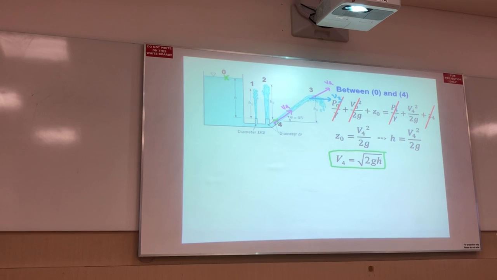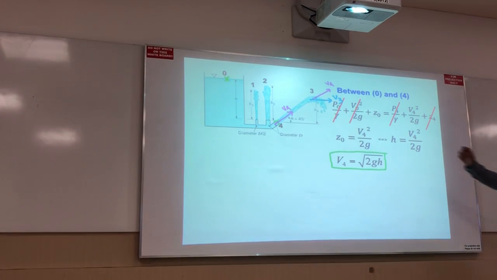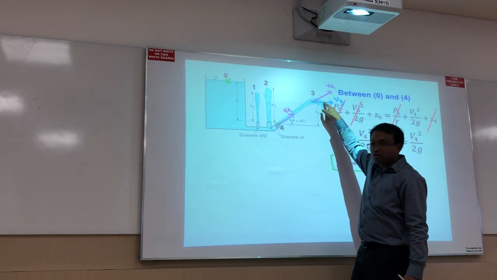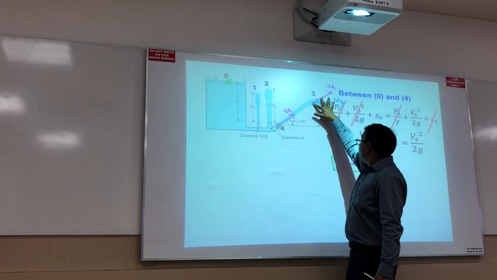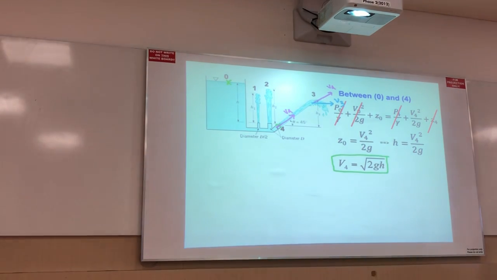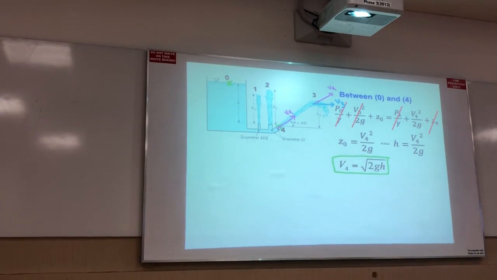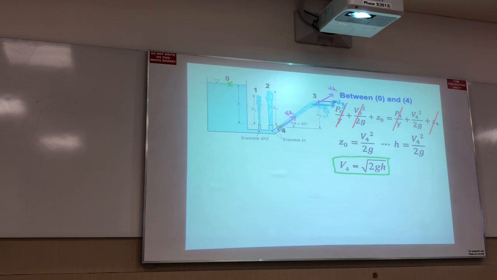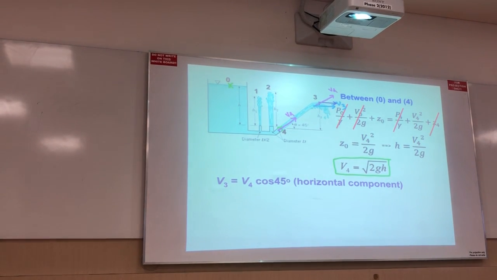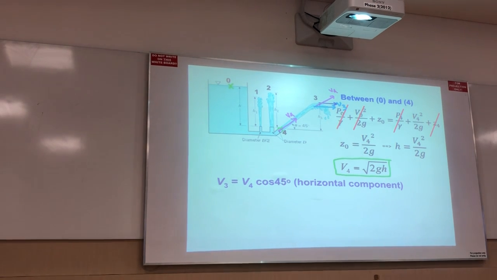Correct. And this angle is 45-degree angle. So this is also 45 angle. So V3 becomes V4 cos theta, right? So mathematically I can write V3 becomes V4 cos 45 degree. Theta is 45 degree because of horizontal component.